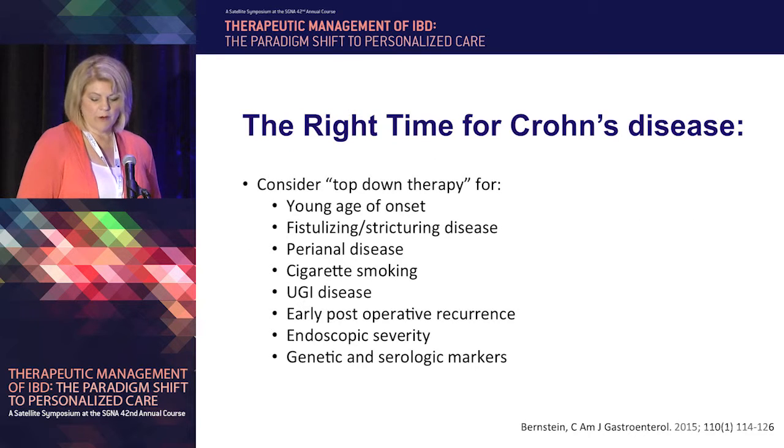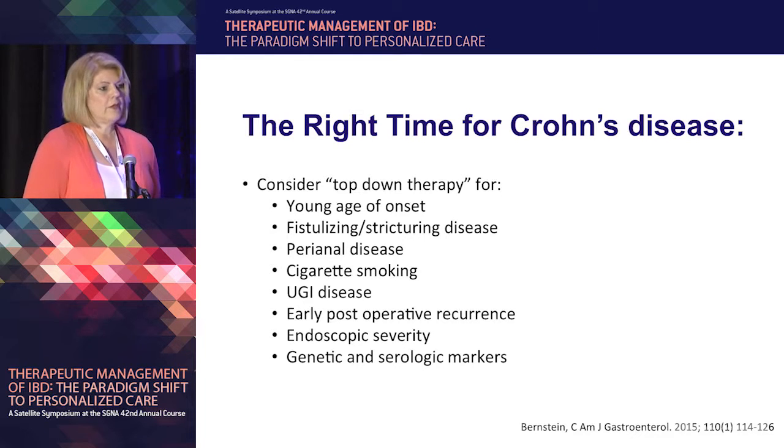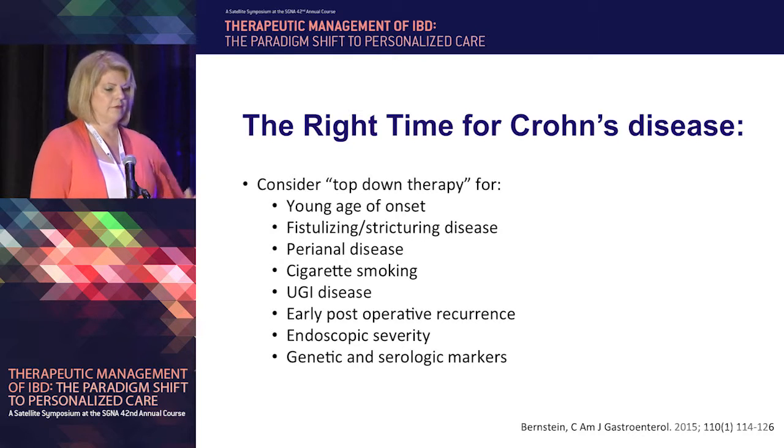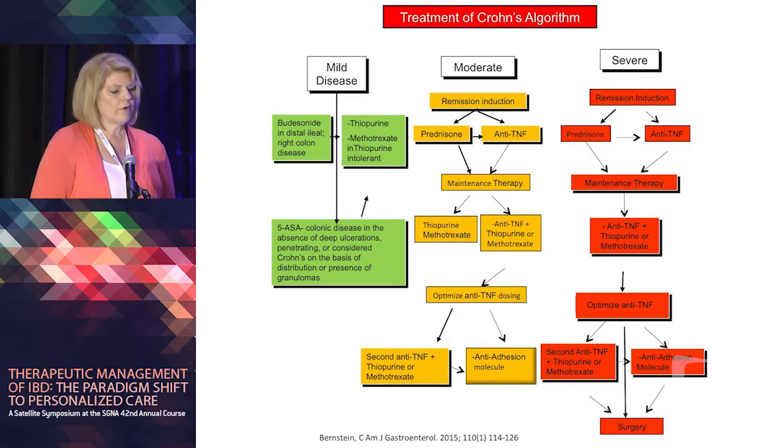The right time: for Crohn's disease, consider top-down therapy. And these are some of the characteristics: young age at onset, fistulizing stricturing disease, perianal disease, cigarette smoking, upper GI, etc. I'm showing you this because this is a treatment algorithm for Crohn's disease.